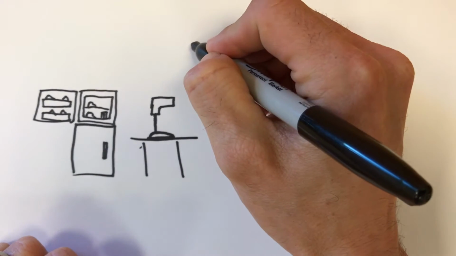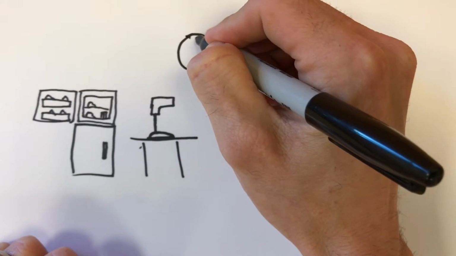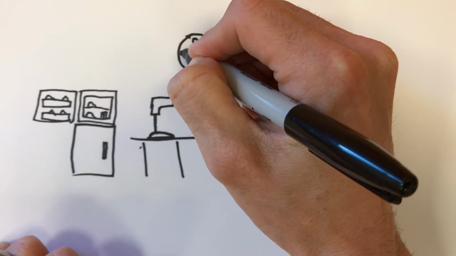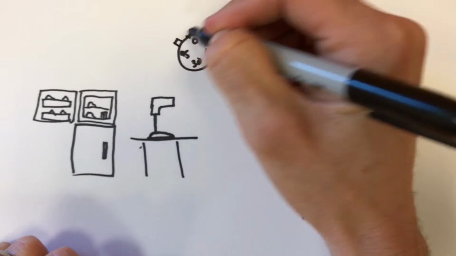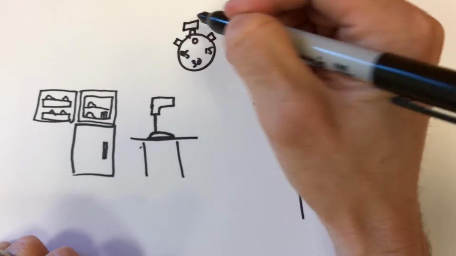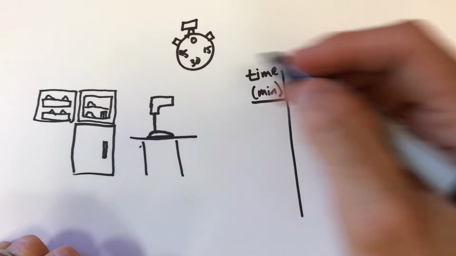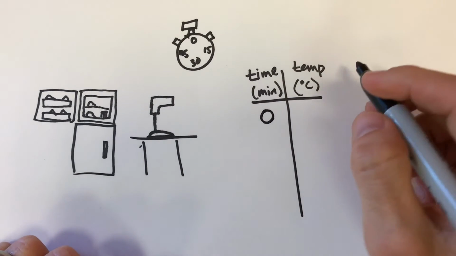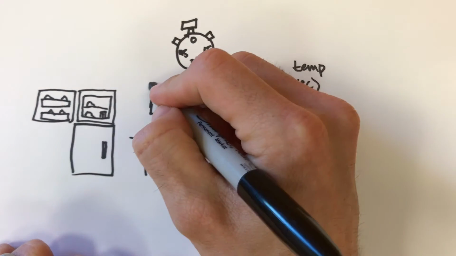We've got a stopwatch that's in minutes. 0 minutes, 15 minutes, 30 minutes, 45 minutes. And we put the laser on there, and right when we first do it, it actually is exactly 0 degrees Celsius. That's the reading on the gun.